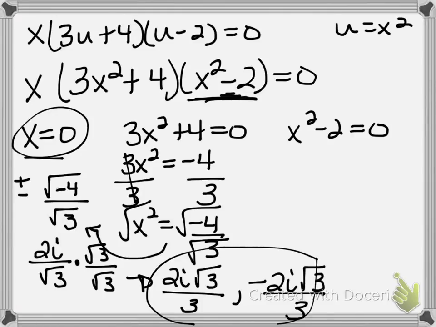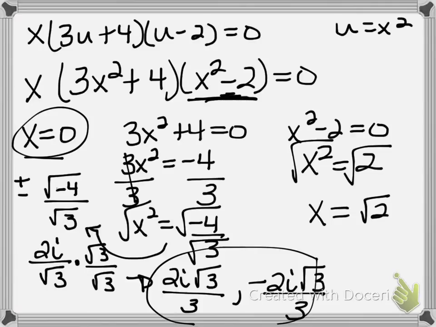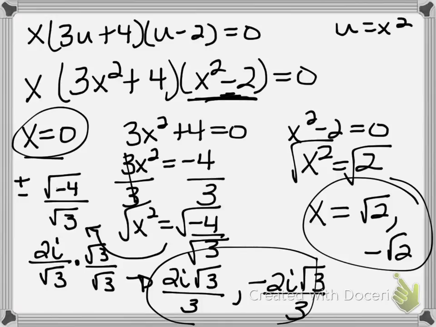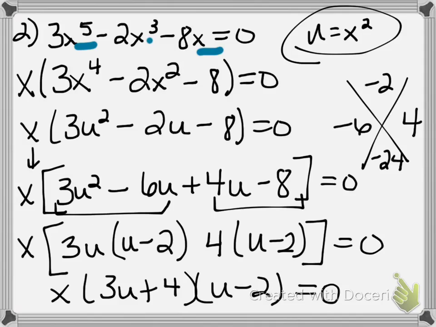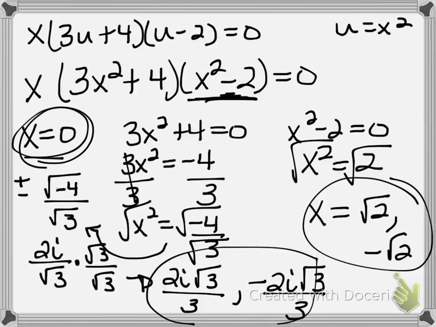And then what I'm going to do is solve this guy. So I take the square root, and x equals the positive square root of 2 and the negative square root of 2. So I've got that. Notice I have 5 answers here, and that is because we started out with the x to the 5th. Okay, so then my final answer here is x equals 0, because that was from here.